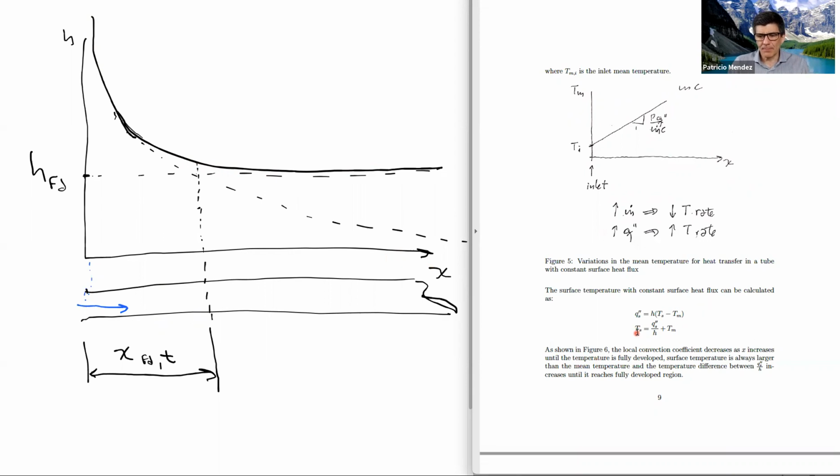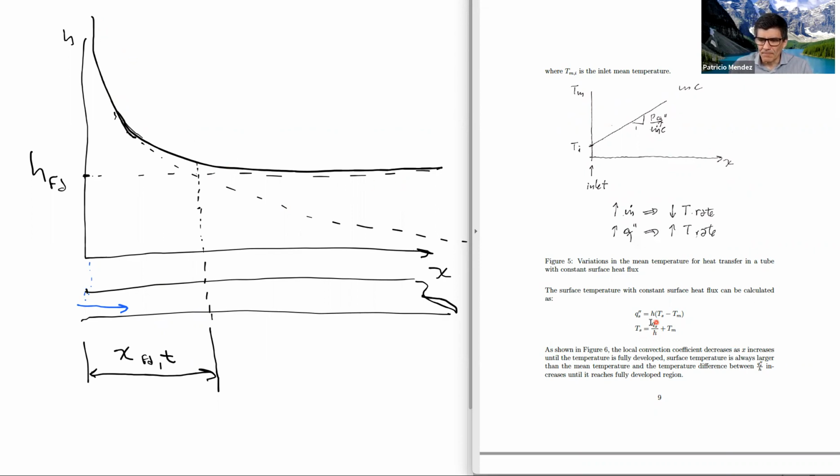That the surface temperature of the pipe in a fully developed flow is going to be something constant that doesn't change with the length of the pipe. However, during the thermal entry length, H can be very high at the beginning, and it lowers down to the steady state value. High enough to be, let's call it infinite, H.